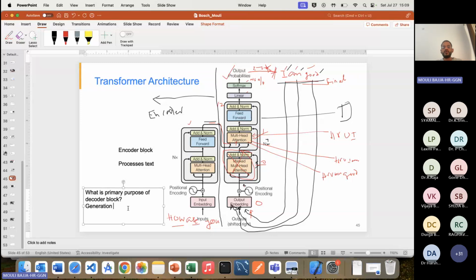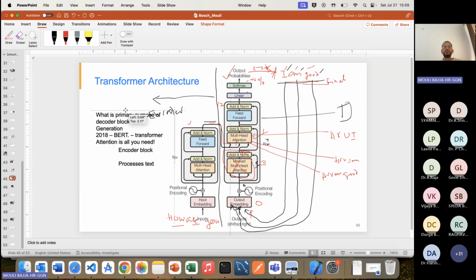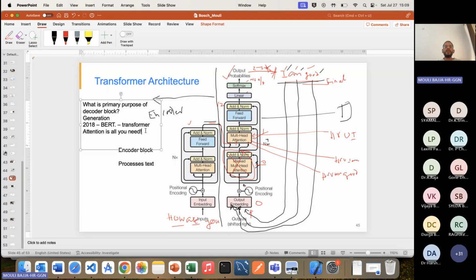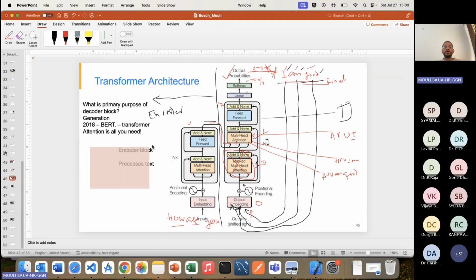Now, what happened after 2018? 2018 is where the transformer architecture and BERT were presented, right? They first showed the transformer architecture, and then they said "Attention Is All You Need". The core author is an Indian-origin person. After this, in 2019 and 2020, OpenAI made its choice. BERT relied completely on only the encoder.